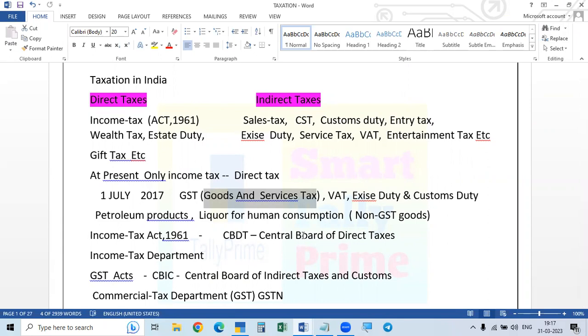First of all, we have to know what is meant by tax. Goods and Services Tax is the tax imposed on goods as well as services. What is the meaning of tax?